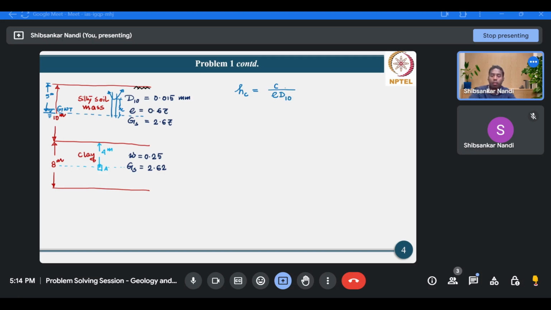Here C is the Hazen's constant, e is the void ratio, and D10 is the effective size.